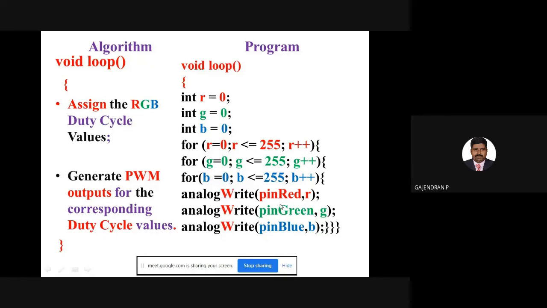You will get a few combinations. Once this inner loop exceeds its range, immediately the second inner loop will increment by 1. Thereby red is 0, green is 1, again all the combinations.